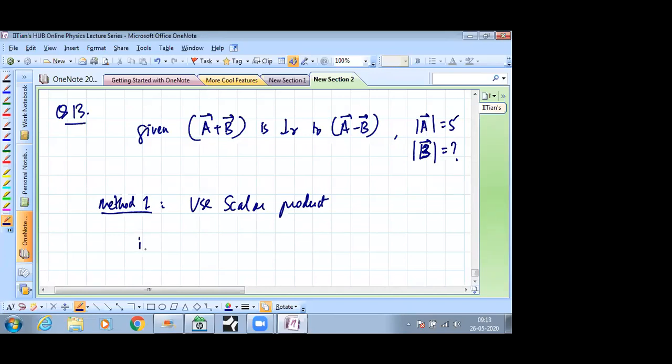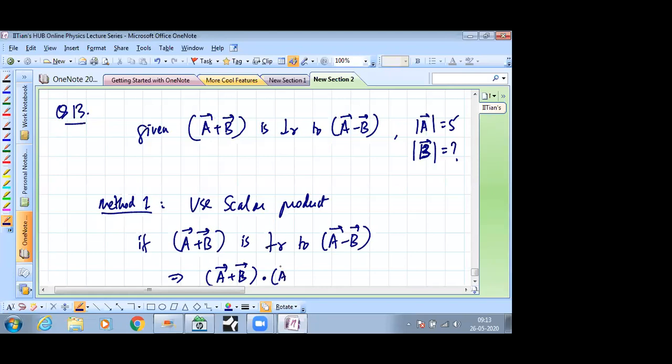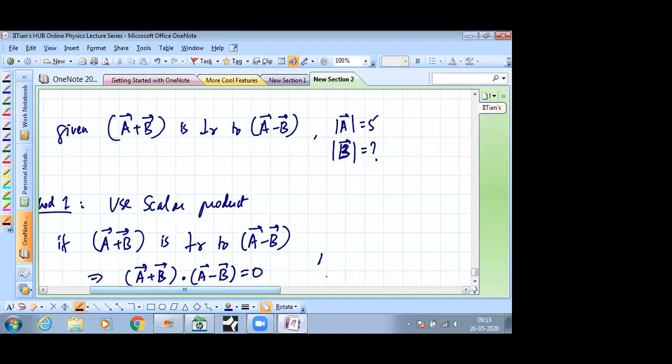Okay. So if any vector A plus B is perpendicular to any other vector A minus B, in terms of dot product, it means that scalar product should be 0. Okay. So here we are using that property, that dot product of perpendicular vectors is 0.